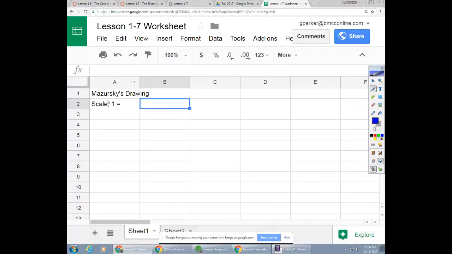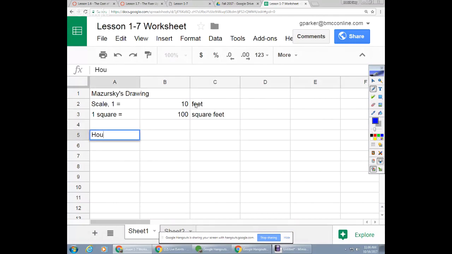So first thing, I just want to get a sense of the scale. 1 unit on the drawing is 10 feet in reality. And so as far as that scale, 1 square on the drawing is 100 feet squared, or square feet. So that's going to be good to know as we work through this.